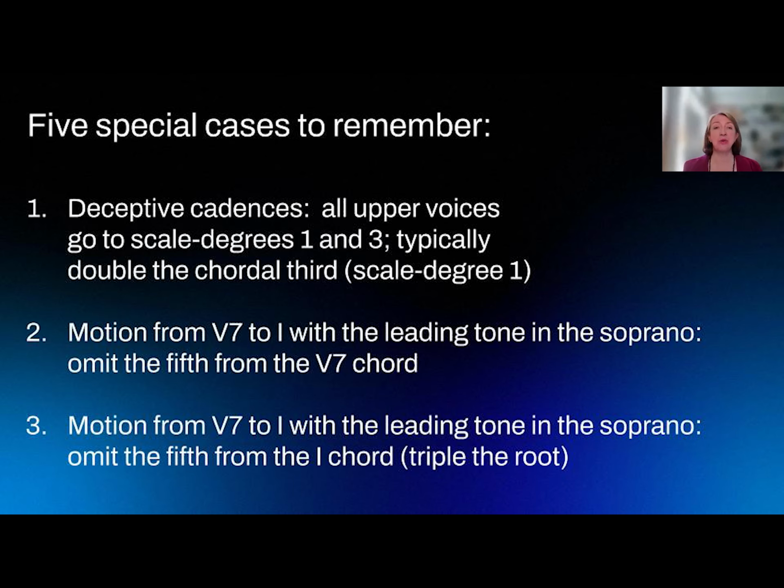The second case, when you have motion from a dominant seventh chord to tonic, when the leading tone is in the soprano, you are often going to need to omit the fifth from the 5/7 chord. The third special case, if you have motion from a 5/7 chord to a tonic chord with the leading tone in the soprano, your other situation is you might need to omit the fifth from the tonic chord and triple the root in that instance.